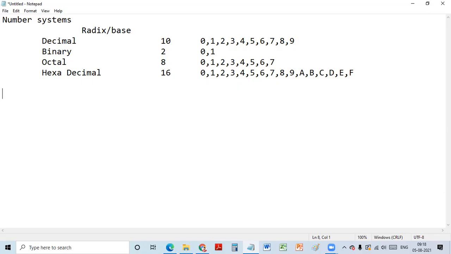And apart from this, another widely used format is BCD. What is BCD? Binary coded decimal. So here it is nothing but decimal. The numbers are in decimal, but they are represented in binary format.